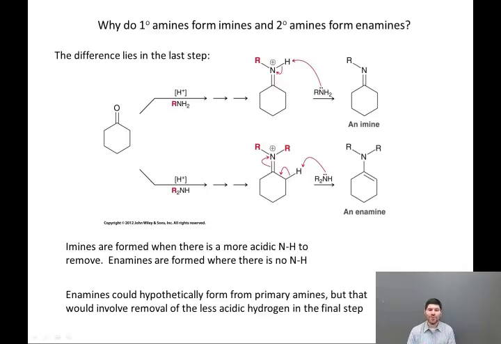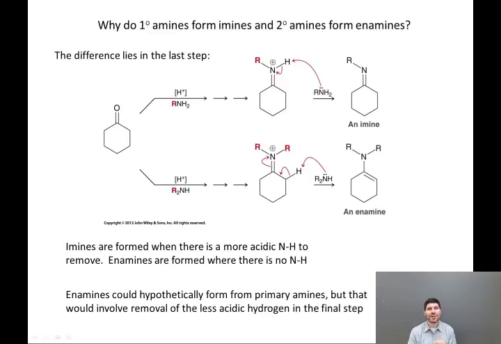Imines are formed when there is a more acidic NH to remove. Enamines are formed when there is no NH. And enamines could hypothetically form from primary amines. There is no intrinsic reason why the beta hydrogen could not be removed in the top case, but that would involve removal of the less acidic hydrogen.